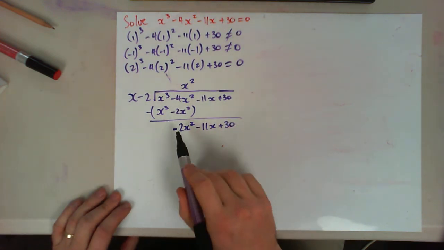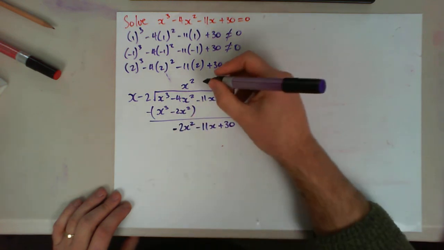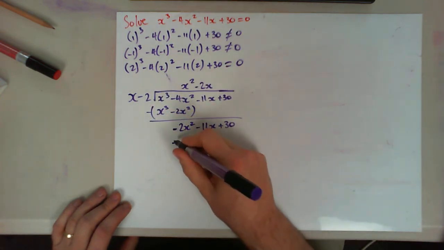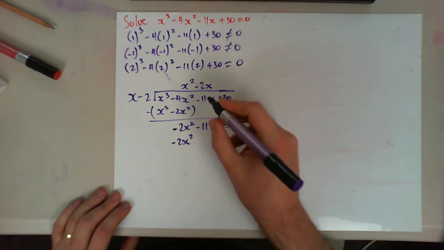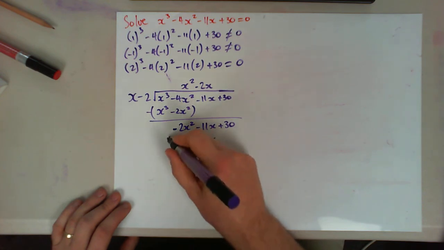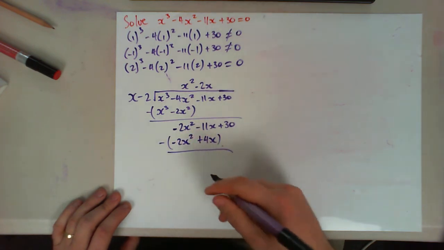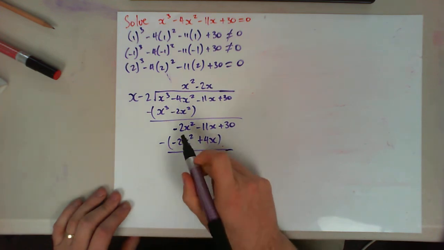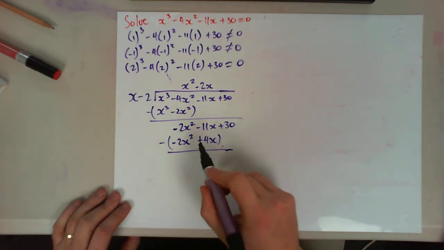We go again. Negative 2x squared divided by x is going to leave us with negative 2x. Multiply back through, negative 2x squared plus 4x. Bracket, bracket, take away, line underneath. Remember that little chant, that little mantra. They're going to cancel out. That's what they've got to do.